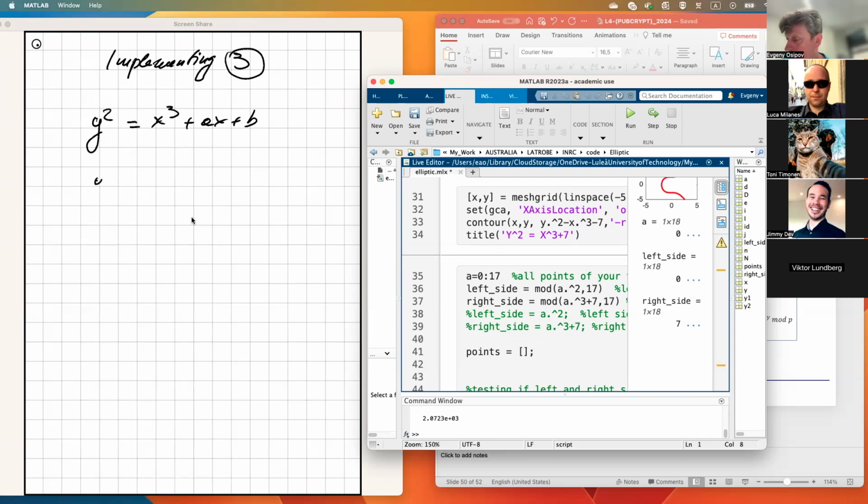So you say y square mod p, and this equals this whole thing, x cubed plus ax plus b mod p. Right?